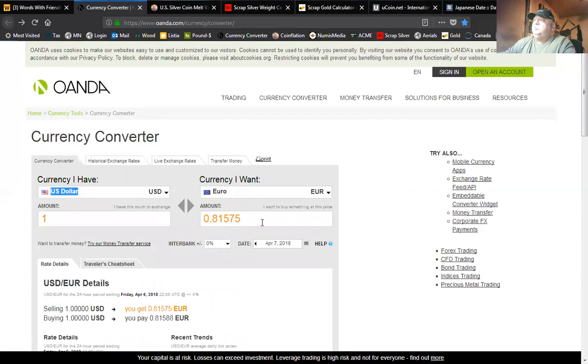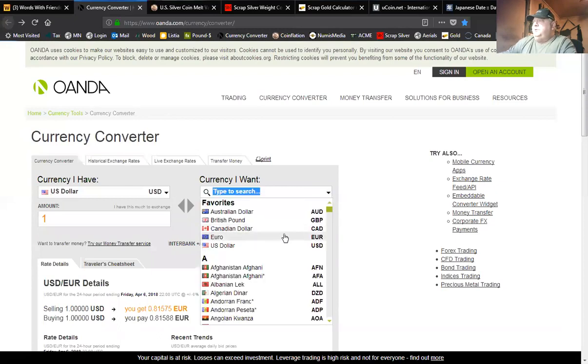Our money's worth 81 cents in euro. The euro, that they introduced in '92, which is a group thing. And most of Europe, not all, but quite a few European countries went to this program called the Euro.